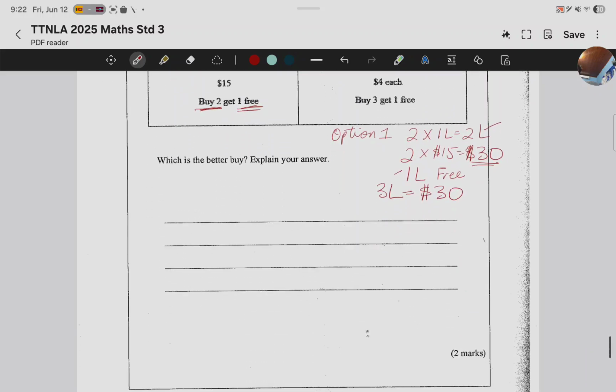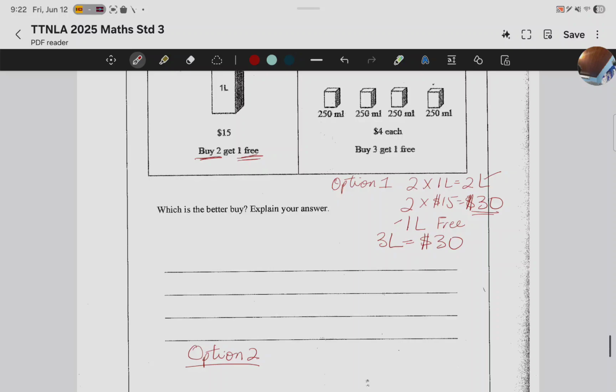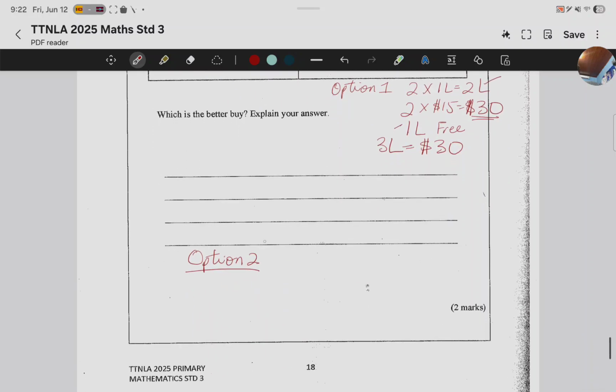So let's look at option 2. Option 2 says buy 3 and get 1 free. So that means now I'm paying for 3, and I'm getting 1 free.